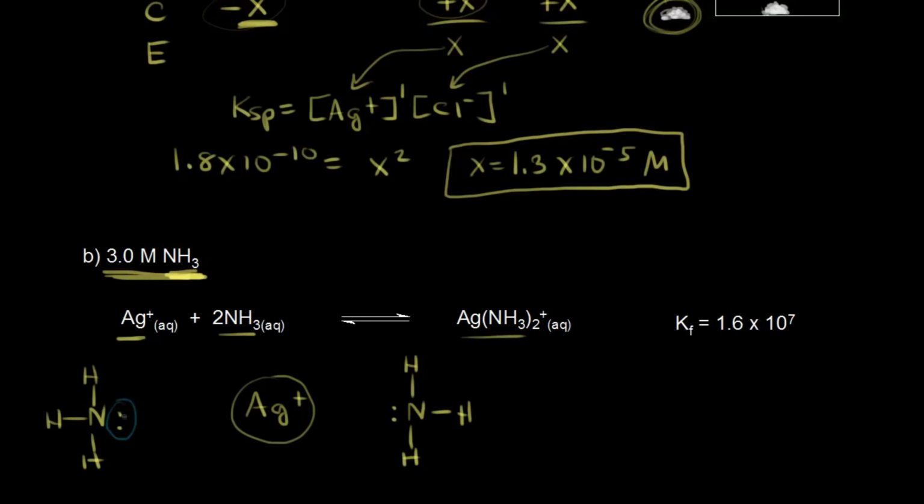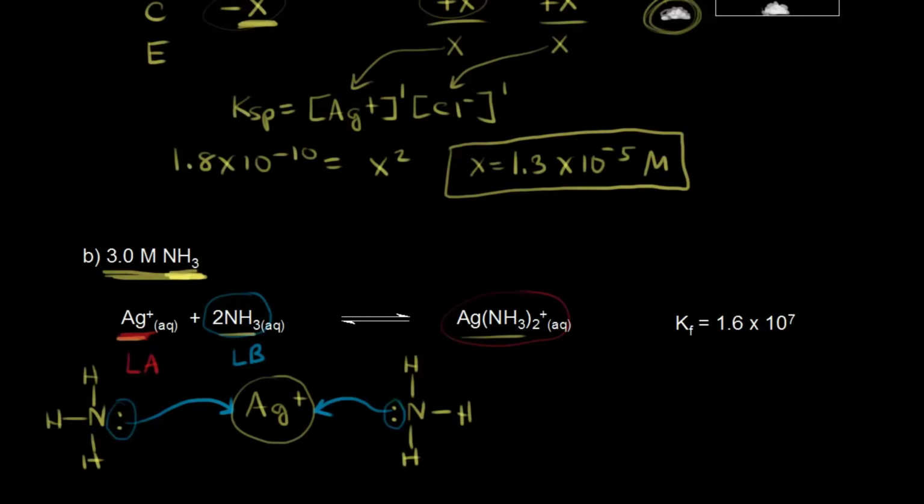The nitrogen has a lone pair of electrons, and each ammonia molecule is going to donate a pair of electrons to our silver +1 cation. Right, so ammonia is donating as an electron pair donor, so this must be our Lewis base. And the silver +1 cation is accepting a pair of electrons, so this must be our Lewis acid. So the formation of a complex ion is a Lewis acid-base reaction.